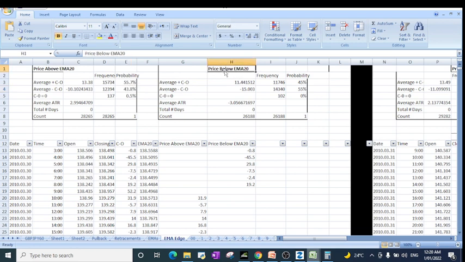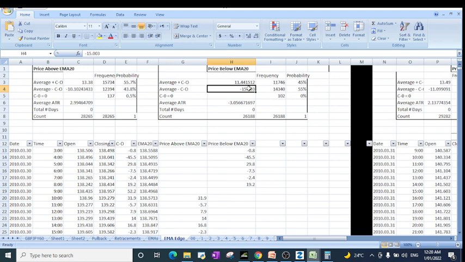And I looked at price below the 20 period moving average. The average size of the bullish candle is 11 pips, and the average size of the bearish candle is like 15 pips. So the simple idea is it pays to trade with the trend.